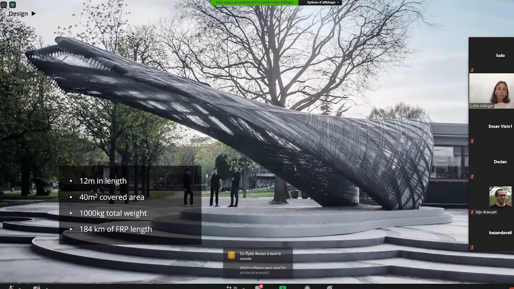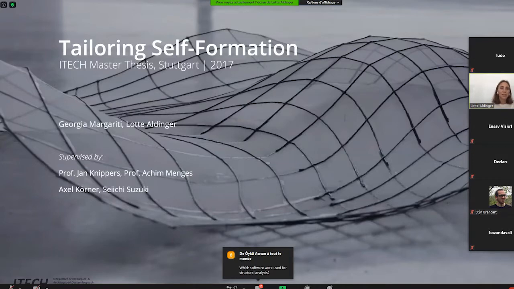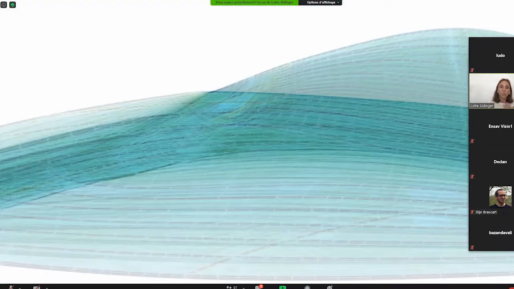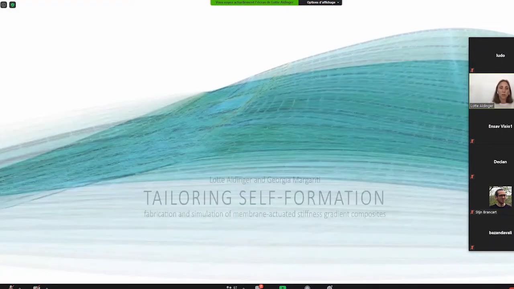So maybe the most relevant project for this workshop today might be this one, which is our master thesis from the ITECH program, which I carried out together with my awesome colleague Giorgia Margheriti. It's called Tailoring Self-Formation, basically of double curved shapes. And it focuses on the fabrication and simulation of these.